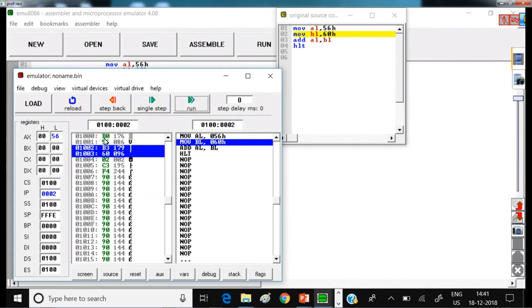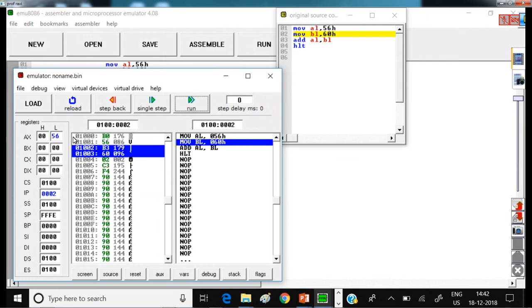B0 is the machine level code converted by the assembler, and 56 is the operand. So 56 has to be moved into the accumulator. That meaning is in B0: moving a byte into the lower byte of the accumulator. When the processor executes this instruction, it moves 56 into AL. This is the first piece of the program.